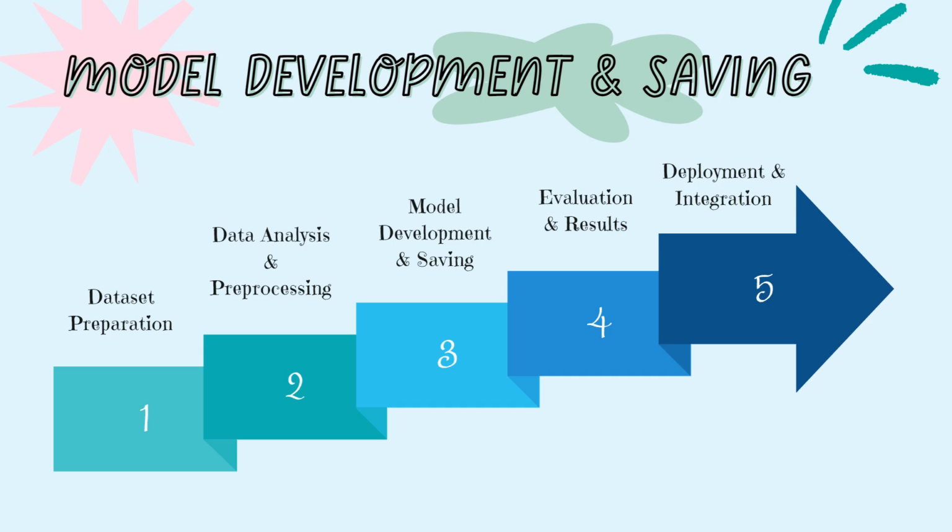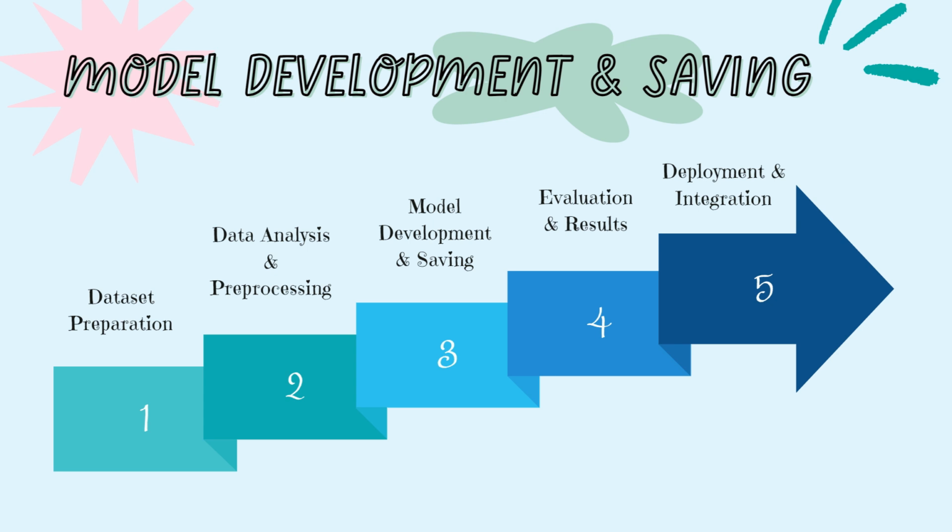Step 3, Model development and saving. We built multiple models: basic CNN from scratch as our baseline, fine-tuned CNN for improved accuracy, transfer learning with ResNet, MobileNet, and DenseNet, and YOLO V5 adapted for medical image segmentation. Step 4, Evaluation and results.